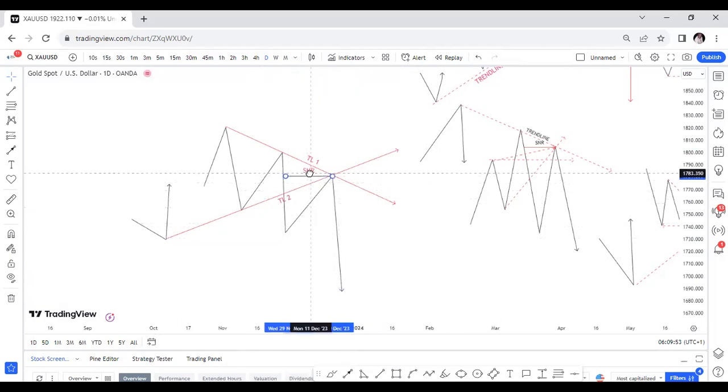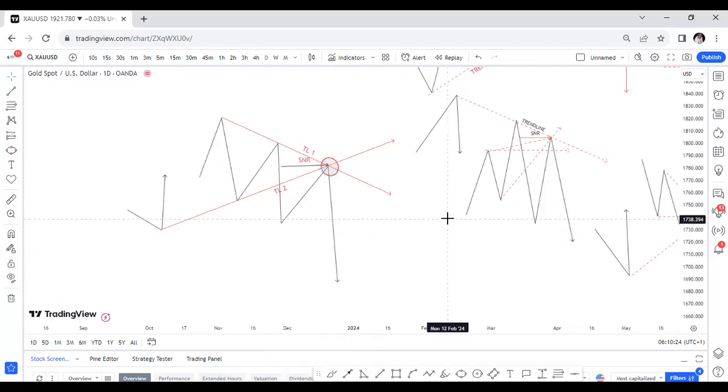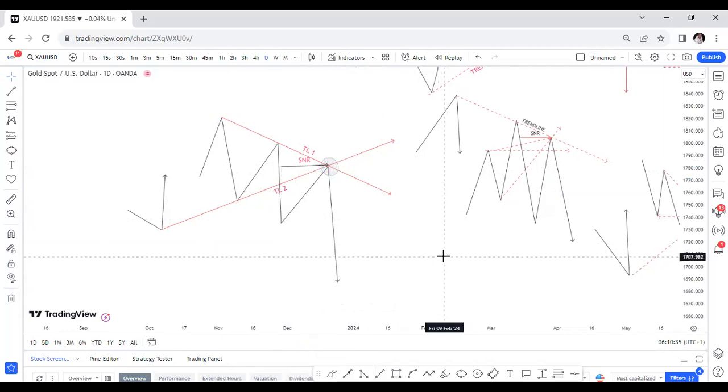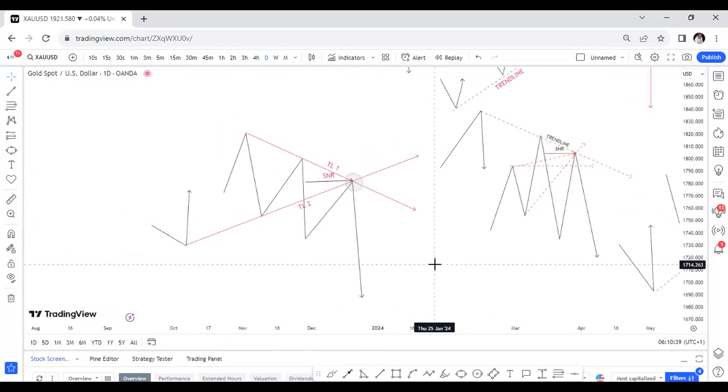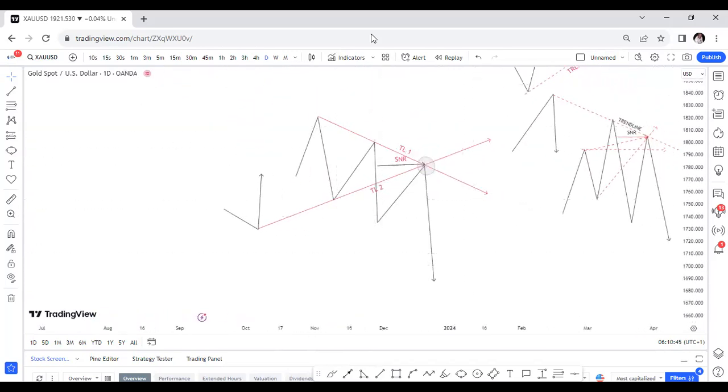So if you have that connected here, this point will become your point of confluence. We will see it in a different example where we're going to talk about that.